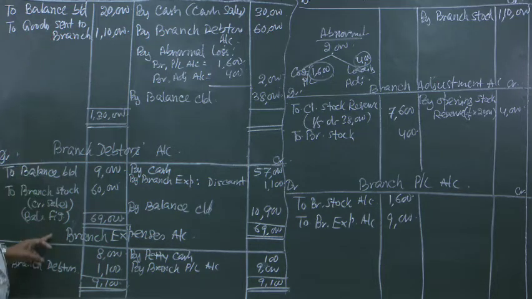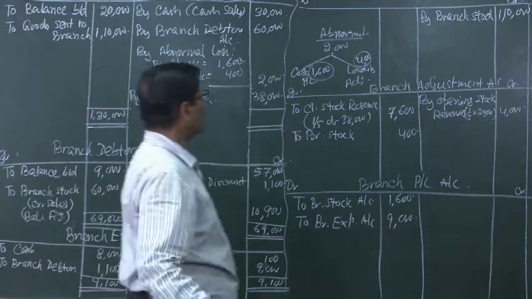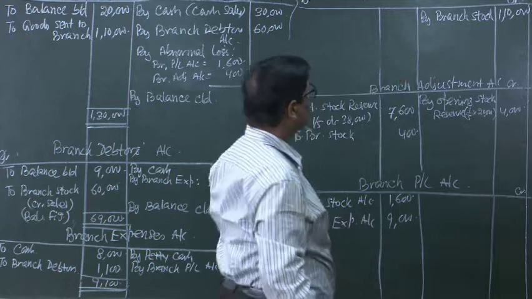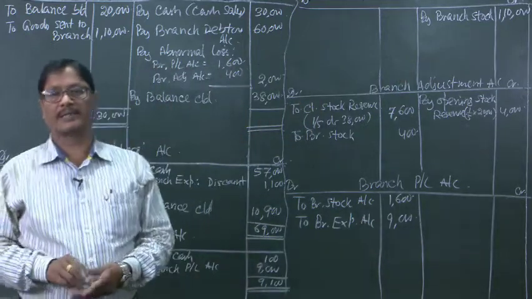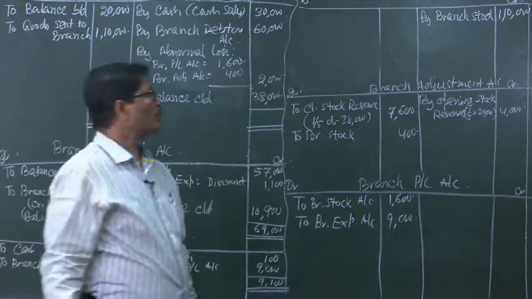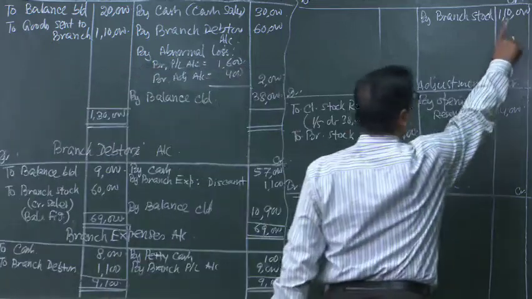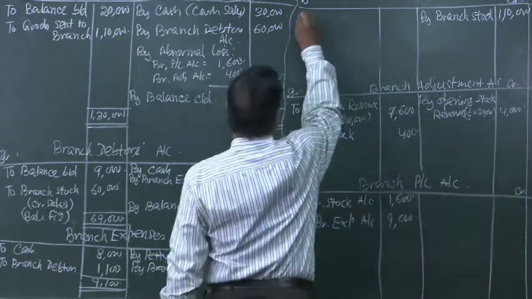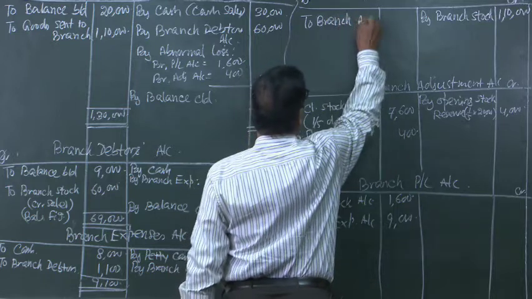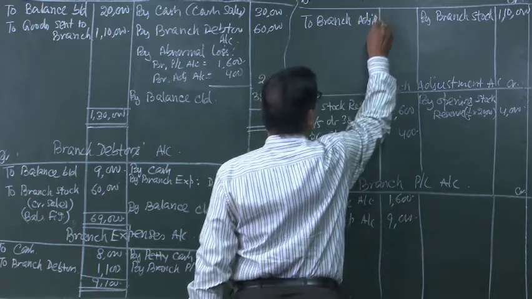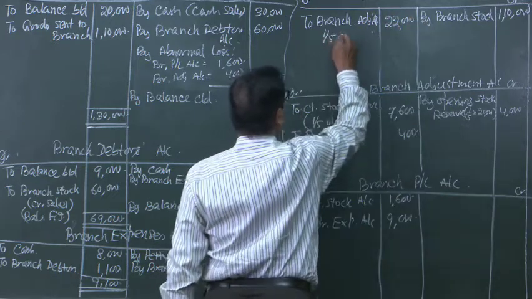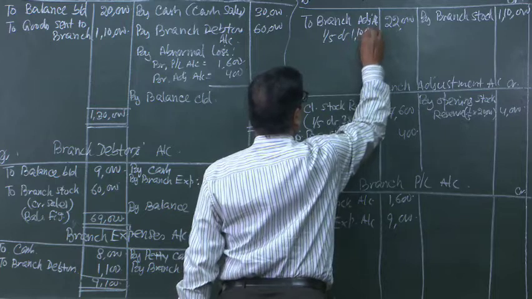branch expenses account closed. Next one will be closing is the goods sent to branch was 1,10,000, but out of that there is loading of 1/5. So, 1/5 of loading is equal to 22,000, 22 5 is 110. So, to branch adjustment account, that is the loading 22,000, 1/5 of 1,10,000.